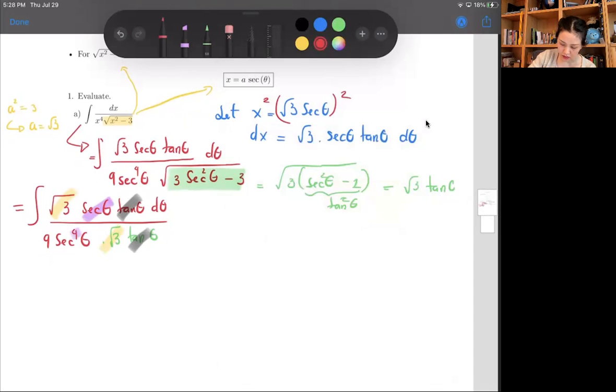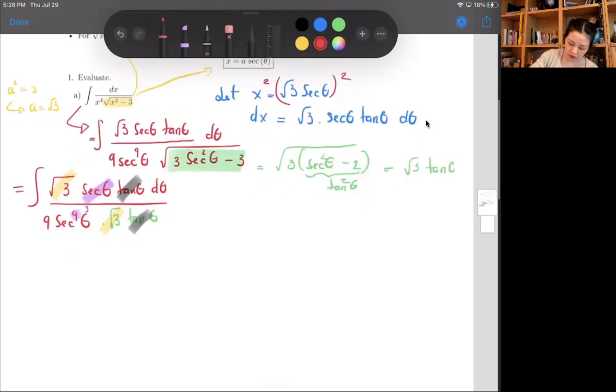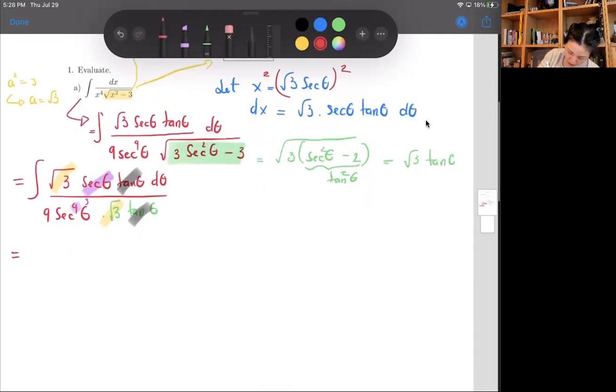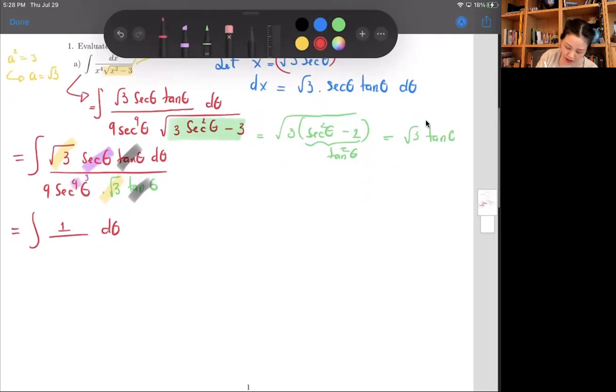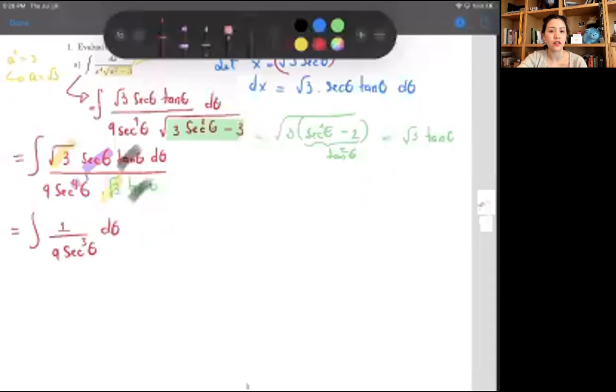Now this is secant cubed. So now it's equal to the integral where the top is just 1, and we have d theta here. The bottom is 9 secant cubed theta.